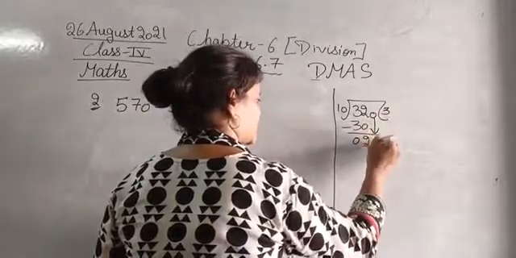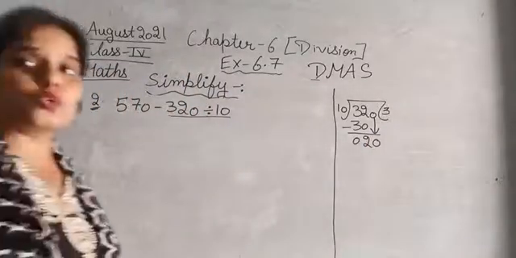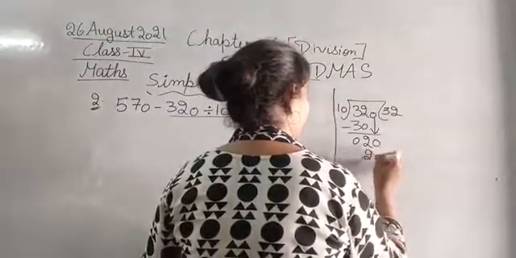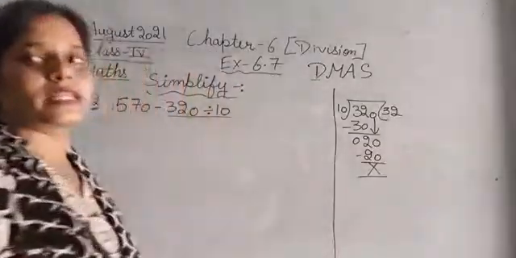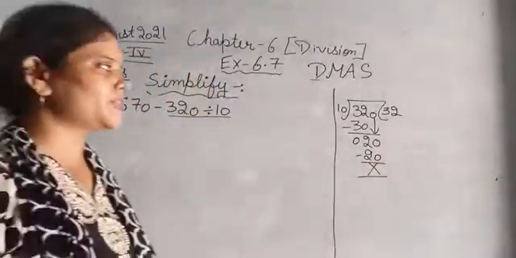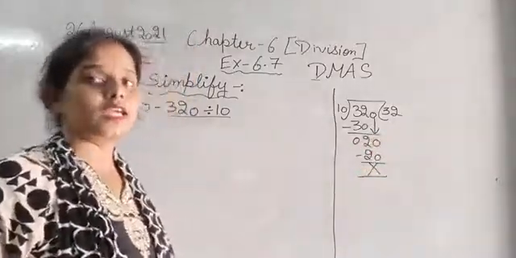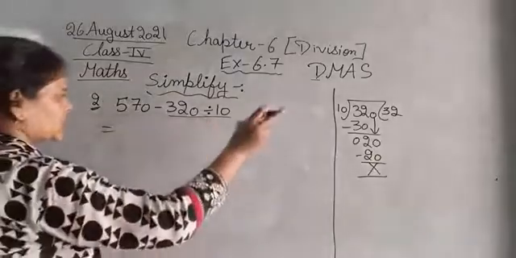Bring down the next number, that is 0. So 10 2s are 20. 20 minus 20, nothing is left. So the quotient we got after dividing 320 by 10 is 32. So 320 divided by 10 is 32.